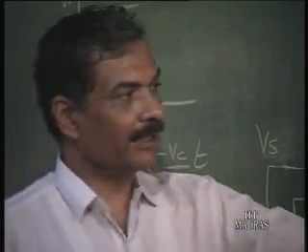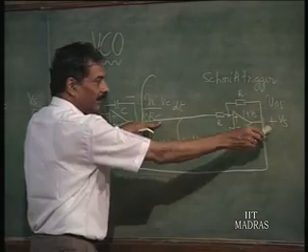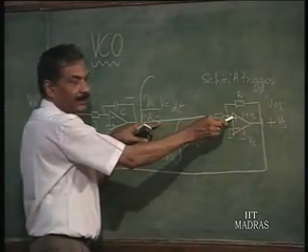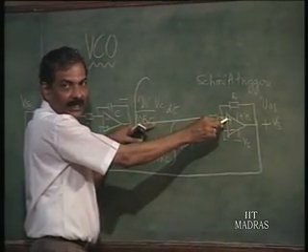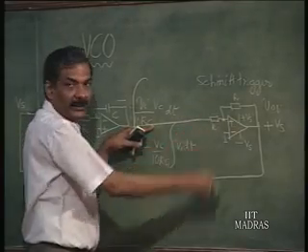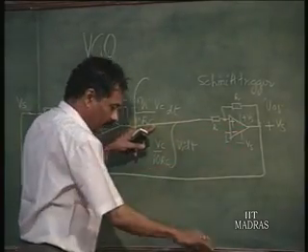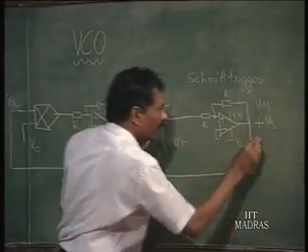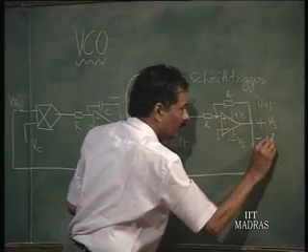This is the way it is going to decrease. So, this is going on decreasing, this voltage is plus Vs. As soon as this reaches minus Vs, this voltage is going to become 0. That is the state in which this Schmitt trigger is going to change state from plus to minus.